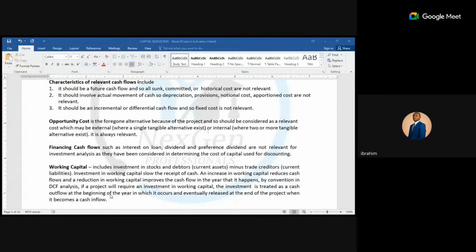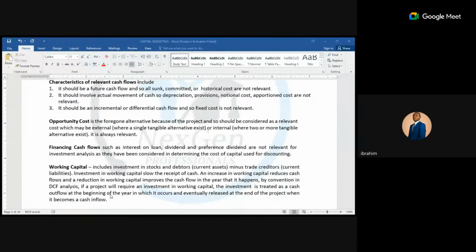Now, working capital is what you use to run the business. Of course, without the working capital, the project may not even be viable, because you need what you will use to start it, right? Probably for the purpose of this class, I may use maybe 50,000 naira to commence the whole thing, maybe next gen, for instance.